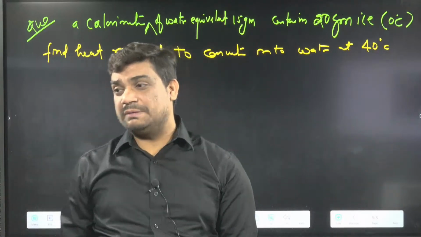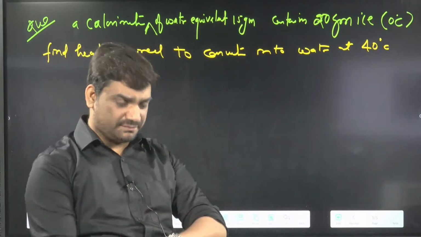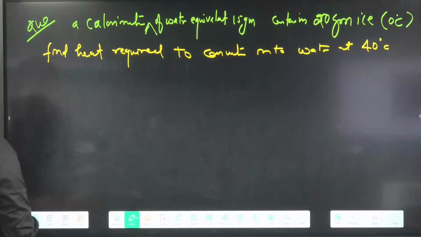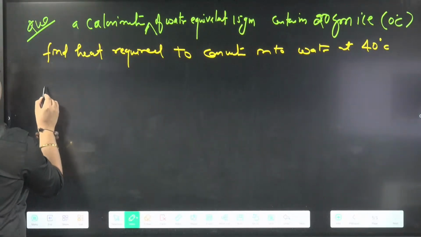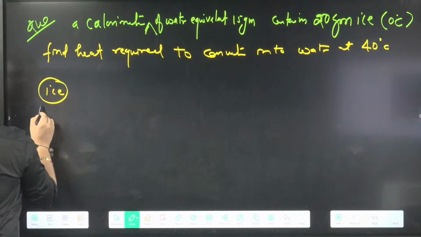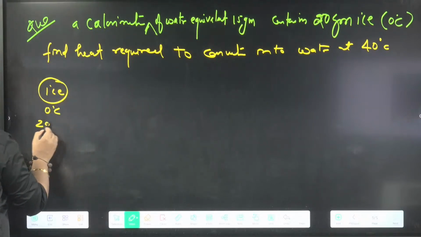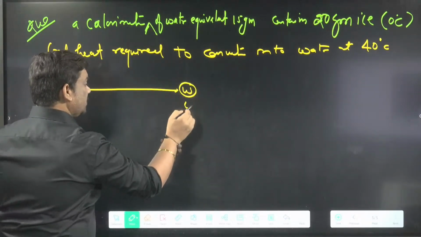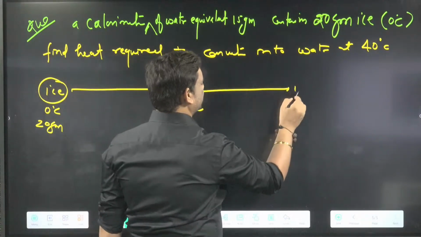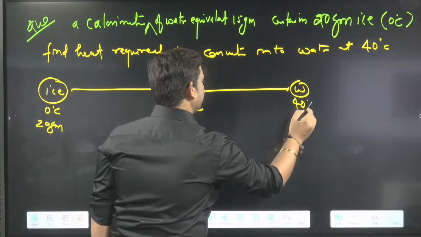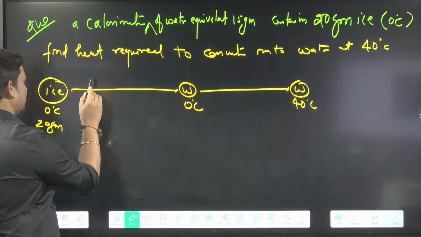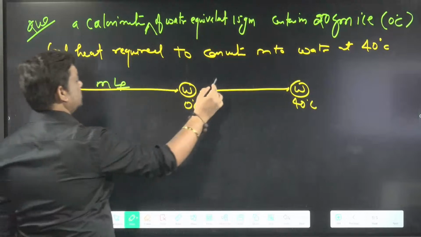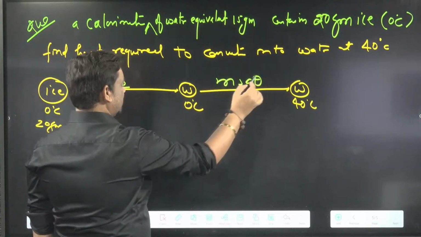In this question, they have given the parameter of the container. Earlier, we were only considering the ice, 20 gram at 0 degrees Celsius. So we were writing that ice goes to water at 0, and then water at 0 is converted to water at 40. The energy becomes mL_f plus m s delta theta.